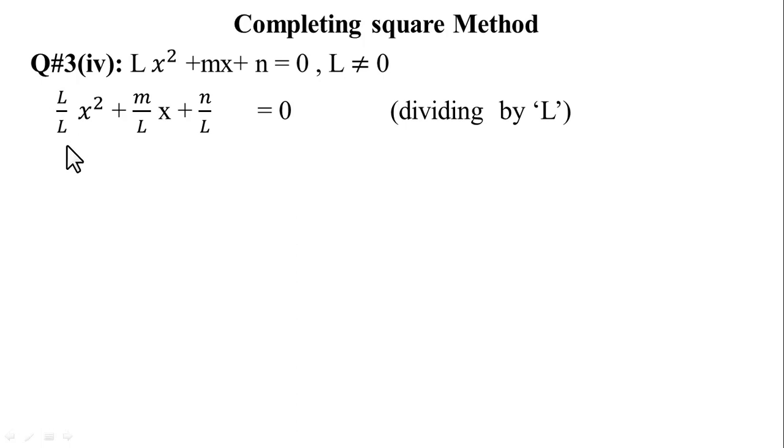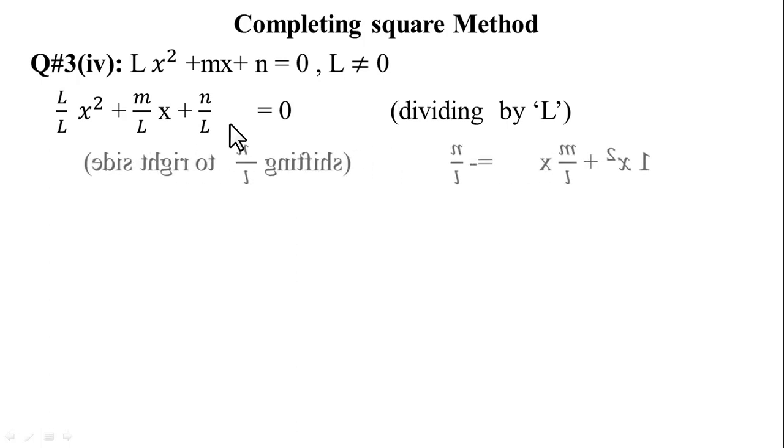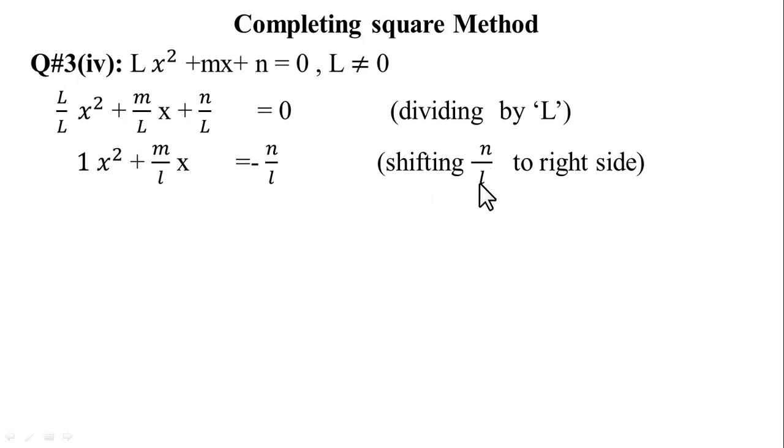Then L divided by L x square plus m over L x plus n over L. L cancels out by L, and shifting the constant term on the other side. Now we arrange the values and shift n over L to the right side.